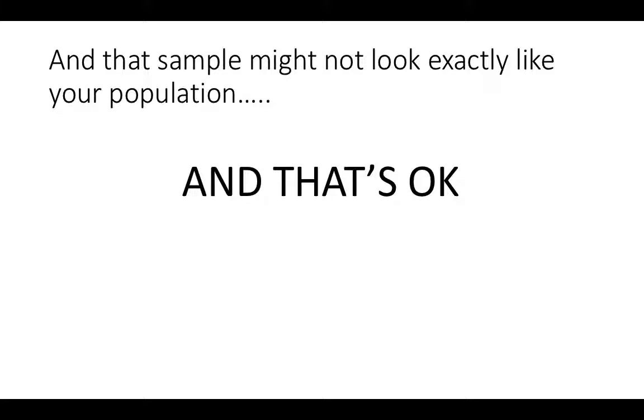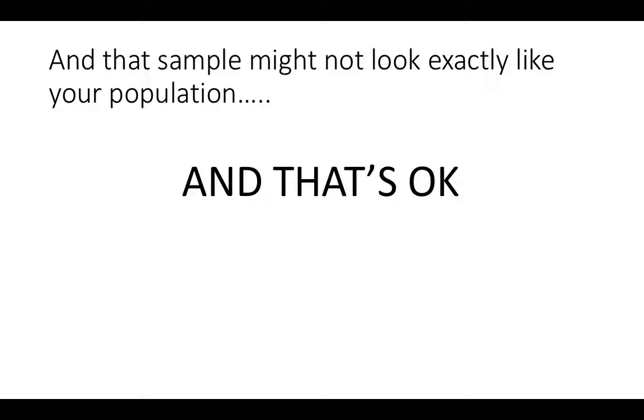So along those lines, the sample in the study might not look exactly like your population. And that's totally okay. That doesn't mean that the study's findings aren't generalizable from the sample to your population. It may mean that, but it doesn't necessarily.